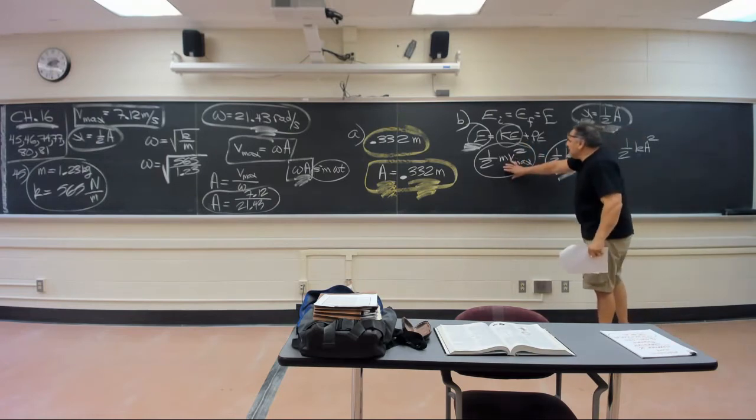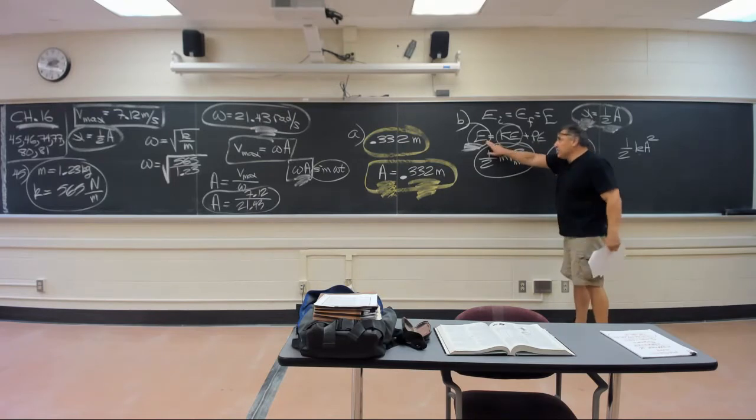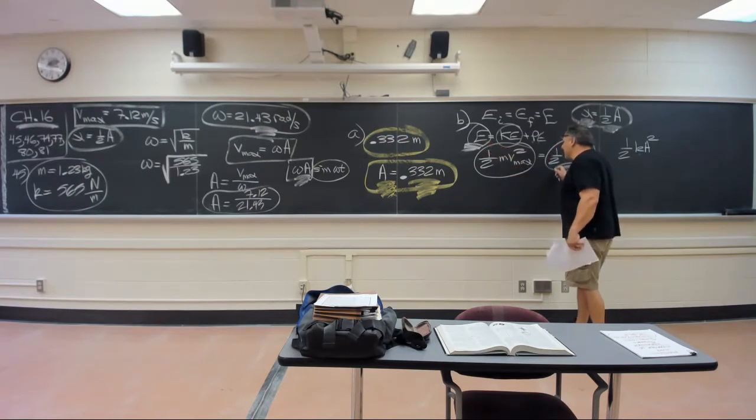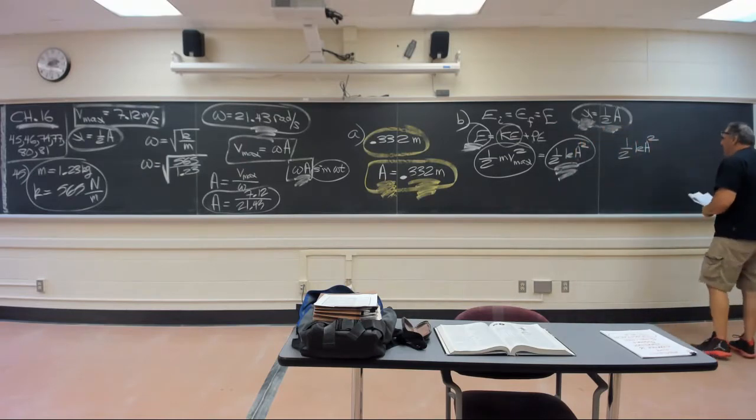Maximum kinetic energy is the energy of the whole system, or maximum potential energy is the energy of the whole system. They're equal to each other. If you don't hit the extremes, they're kind of split up.